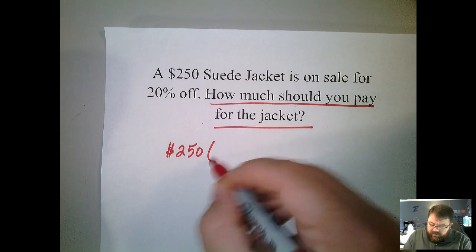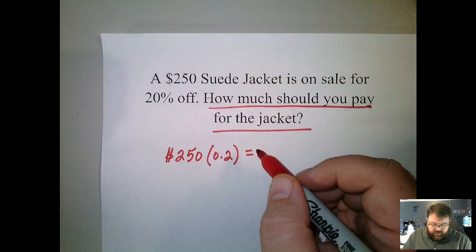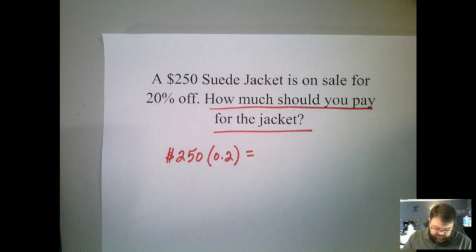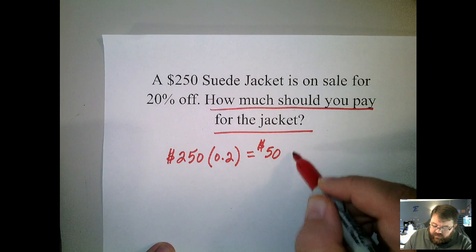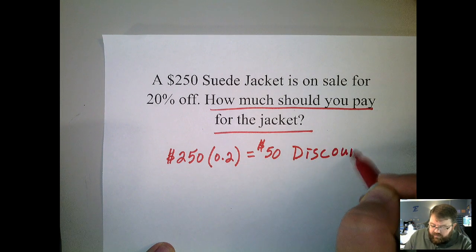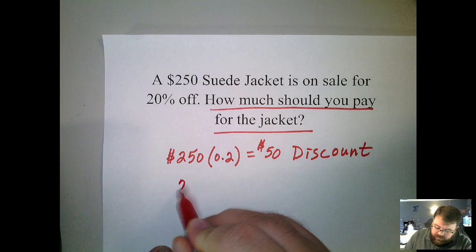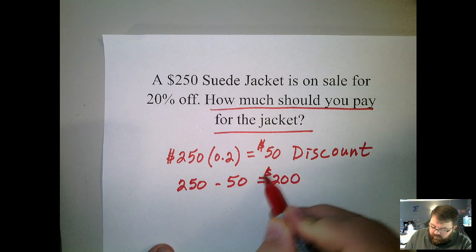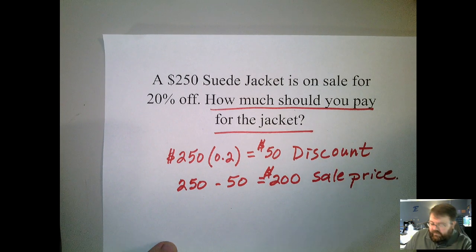You can multiply that by 0.2, and that's going to give you $50, and this is the discount. And from here, what you want to do is take 250 minus the 50 to get $200, and this is the sales price.